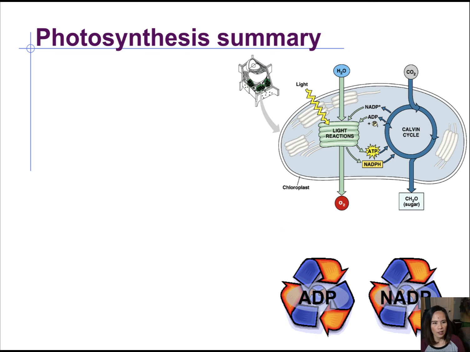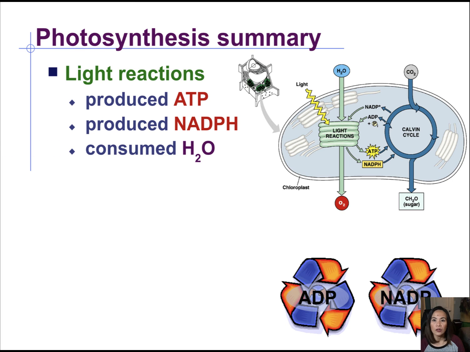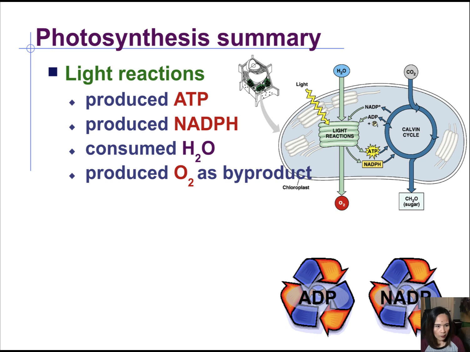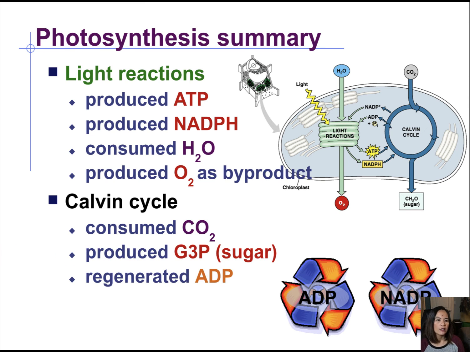And to summarize photosynthesis: the light reaction produces ATP and NADPH, and consumes and breaks down water, so oxygen can be released as a byproduct. And in the Calvin cycle, you consume carbon dioxide, produce G3P sugar, and regenerate ADP and NADP.